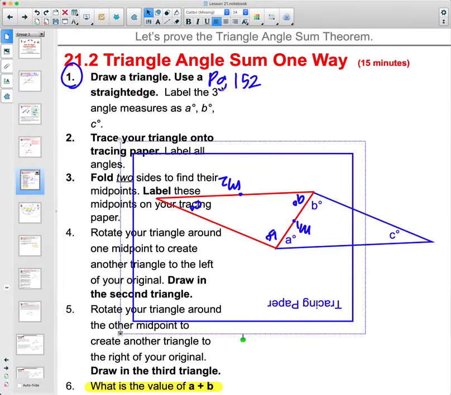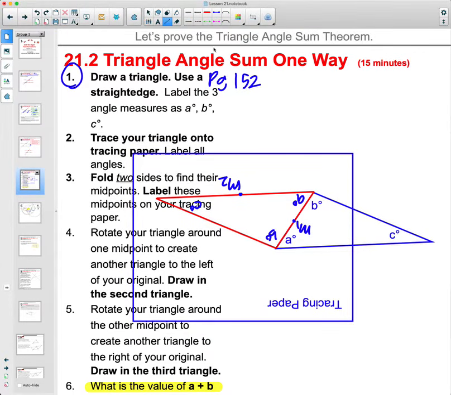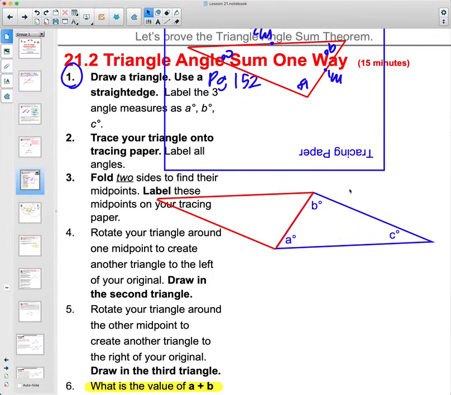Then draw this new triangle in your student workbook. Lift your tracing paper up and put those new points down. Then in your workbook, it looks like this.